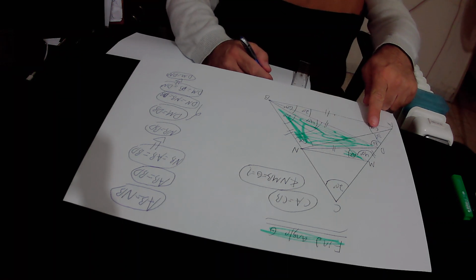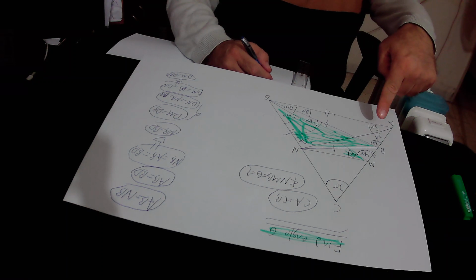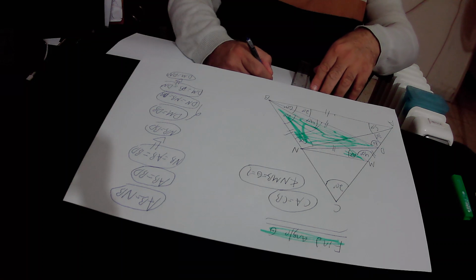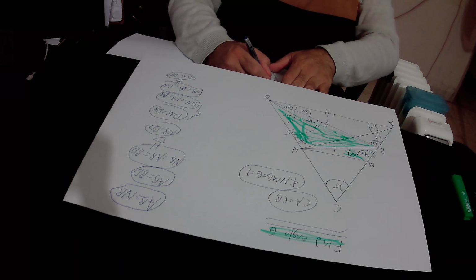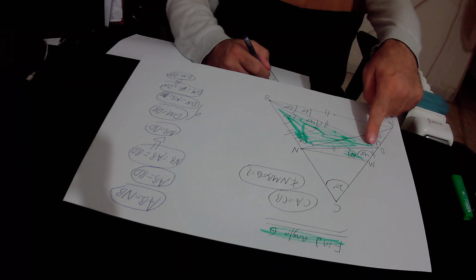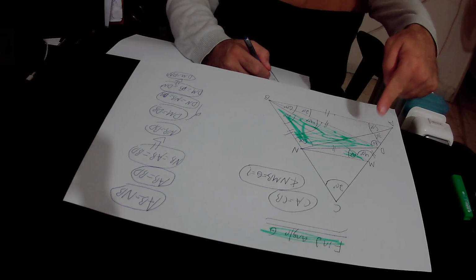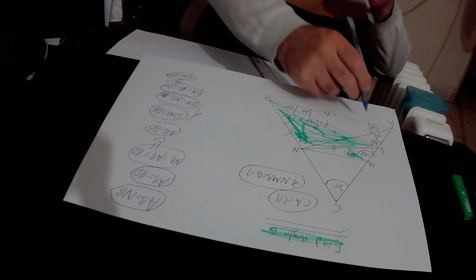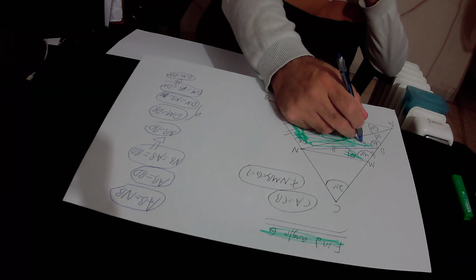We have this angle ADB, which is equal to 80 degrees. We have also this angle NDB, it is one of the three angles of the equilateral triangle NDB, therefore it must be equal to 60 degrees.